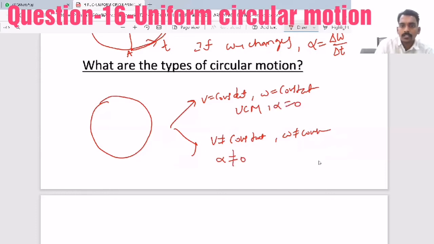But here alpha is zero. When alpha is not zero, that is called non-uniform circular motion.